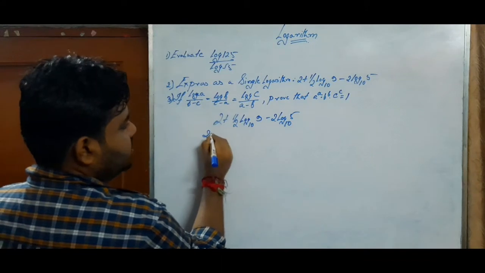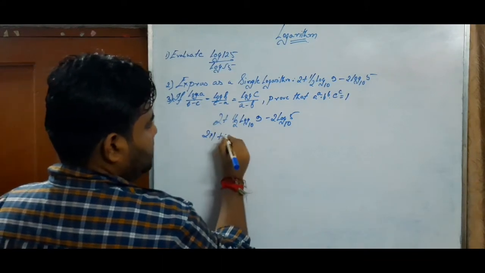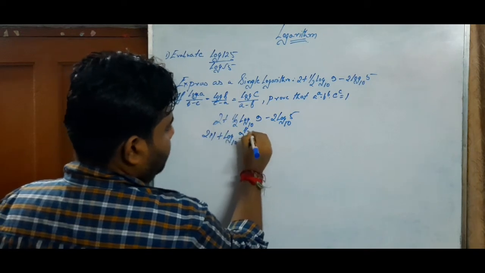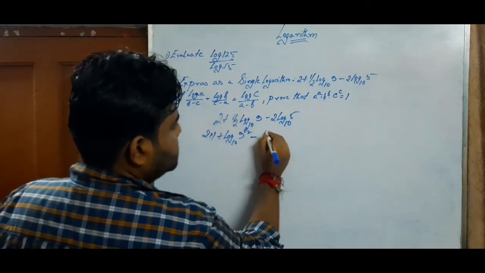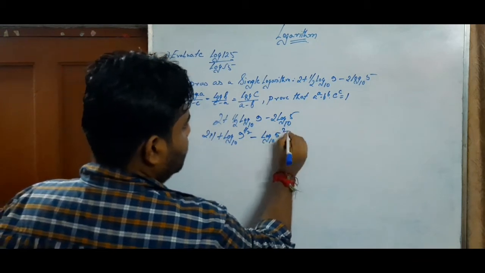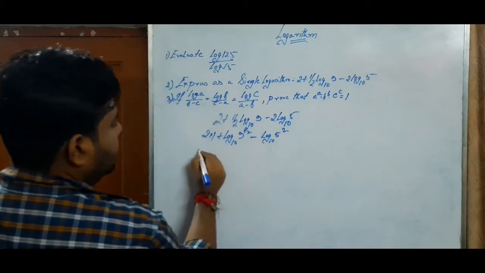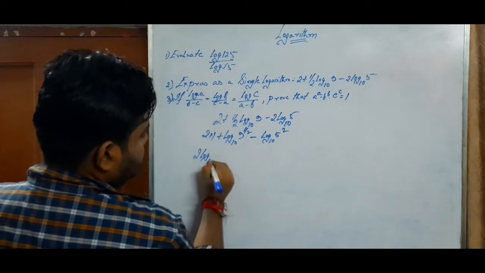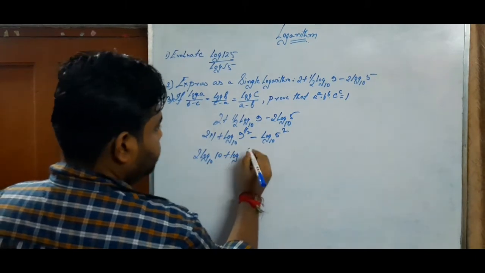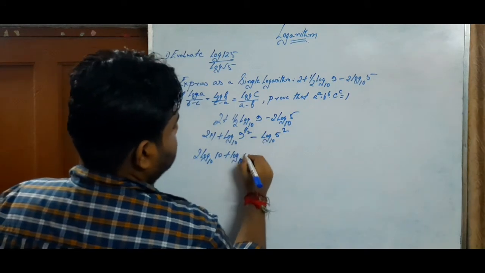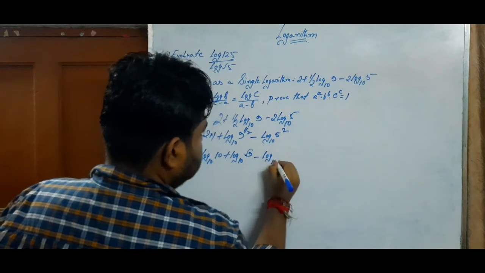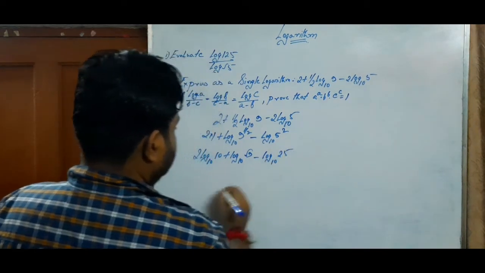So we can write 2 as 2 into 1 plus log 9 to the power half minus log 5 base 10 whole square. Now 1 I can write log 10 base 10 plus log 10, that is square root of 9, minus log 10 of 5 square, that is 25.